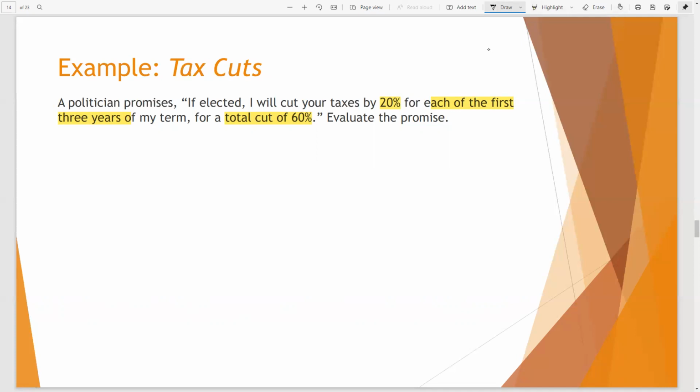So the promise is a 60% cut for the tax. That means it is 60% less than the tax we have now.